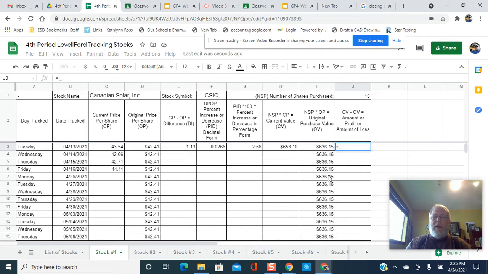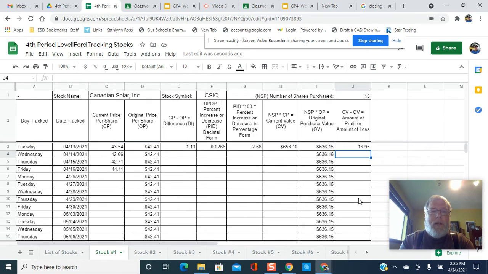Equals 653.10 minus 636.15. So we made $16.95. That's how much profit we've made relative to the original purchase.